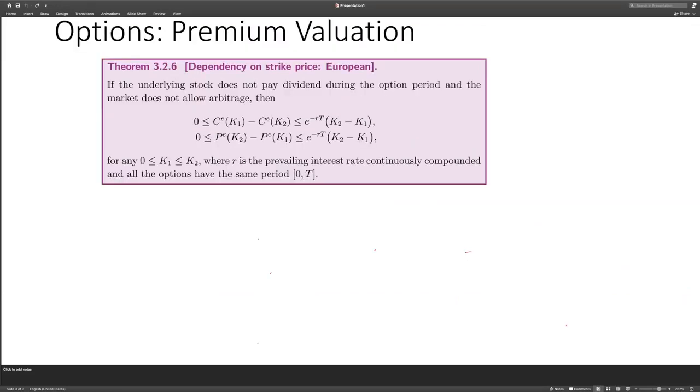Next, let us take up the lower bound for the put option price. Again, assume the contrary, that the price of the put option with strike K2 is less than the price of the put option for strike K1. In this case, we make the following trades.